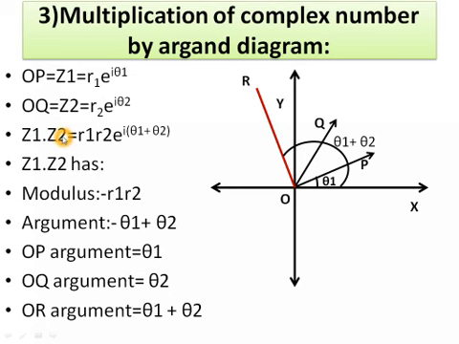Once we consider their product, the right hand side can also be multiplied: R1 multiplied by R2, and e to the power i theta 1 into e to the power i theta 2. Here e is the same base, so we have added their powers. So i theta 1 plus i theta 2 has i common, and theta 1 plus theta 2 is the new argument. From that we can say that the multiplication of complex numbers is a new complex number.